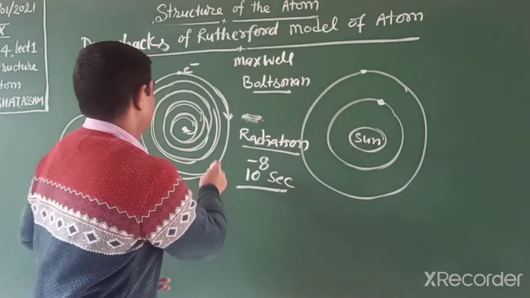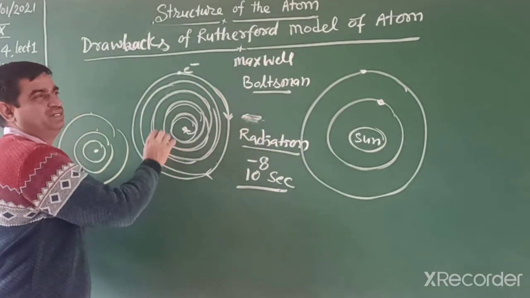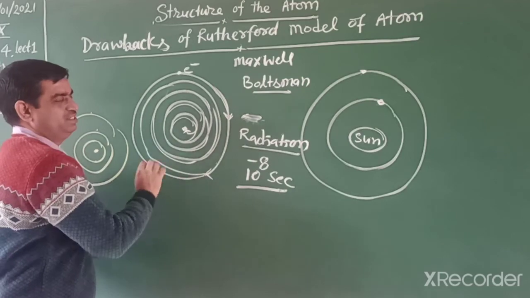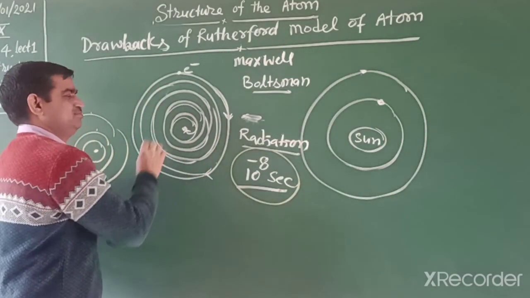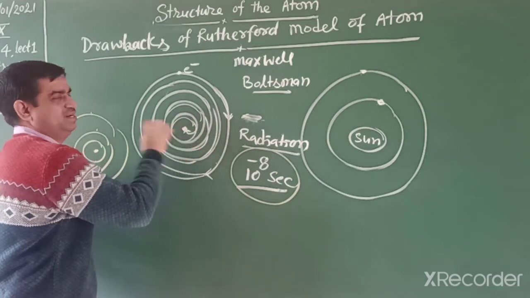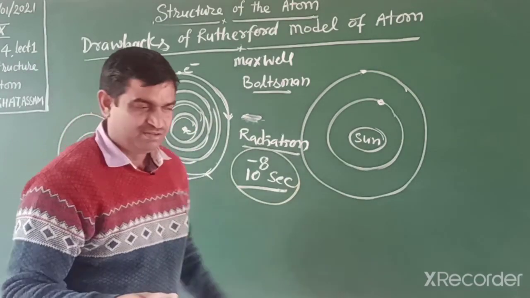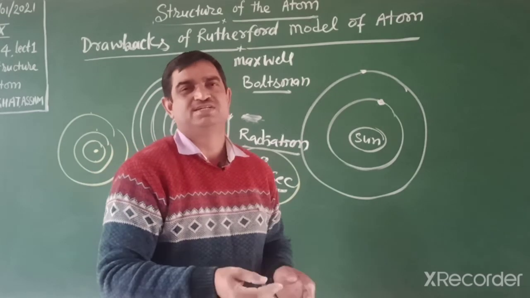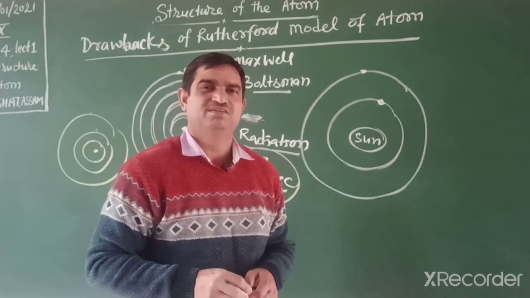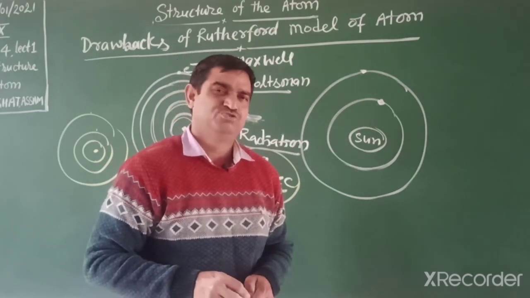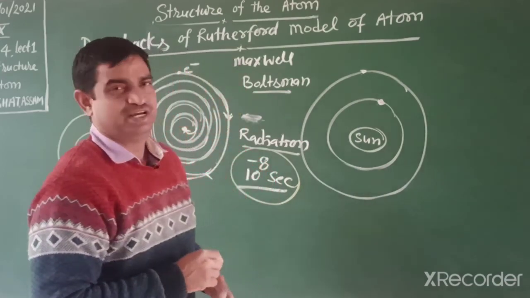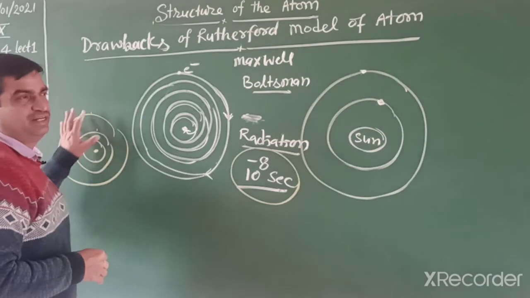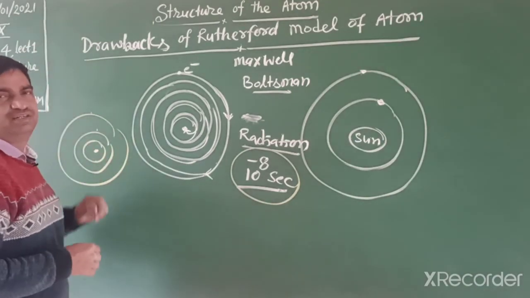So its path shrinks, it comes nearer to the nucleus, and within 10 to the power minus 8 seconds it collapses into the nucleus. This does not happen. If it happened, everything would collapse, but the atom is stable, matter is stable, and matter is made of atoms. So Rutherford could not explain this, although he successfully explained that the center has a nucleus, a dense part, and other things.